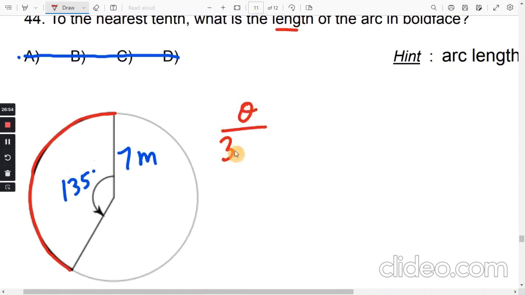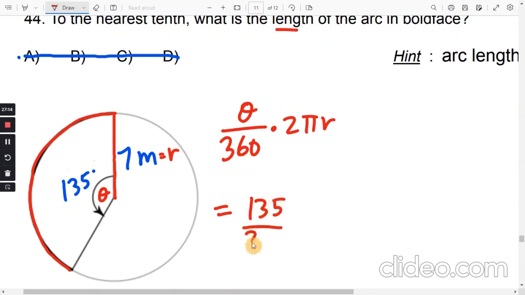Theta over 360 times 2 pi r. All right, so theta is your central angle right here, and r is your radius. That's just 7. All right, theta is going to be 135 divided by 360 times 2 times pi times r, which is 7.